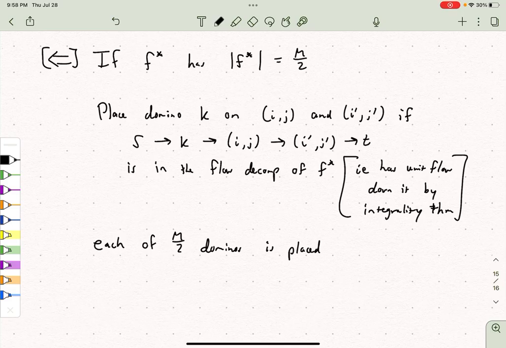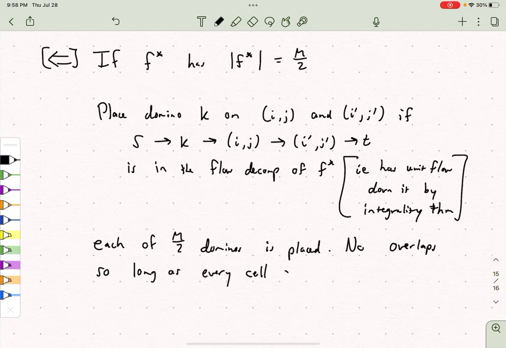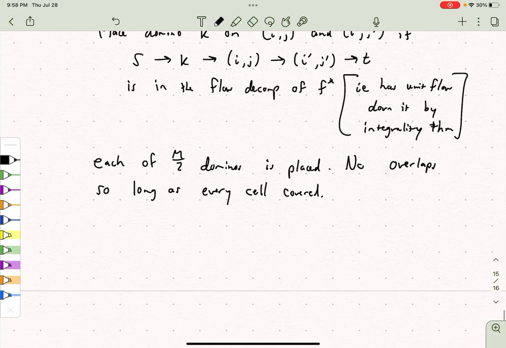So overlaps isn't an issue. So there's no overlaps, so long as every cell is covered. So we really just need to check every cell is covered.